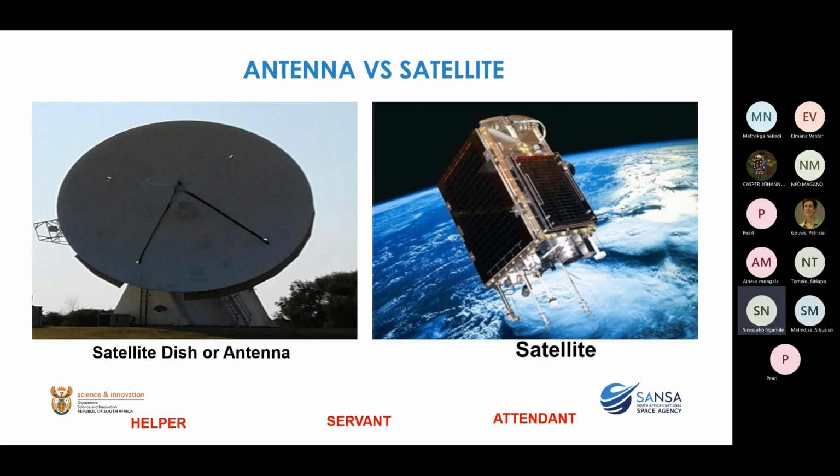This is also to show you, some people usually confuse the two, a satellite dish and a satellite. A satellite is an object that is in outer space. A satellite dish or antenna is an object on the surface of the Earth that is used to communicate with the satellite in outer space.